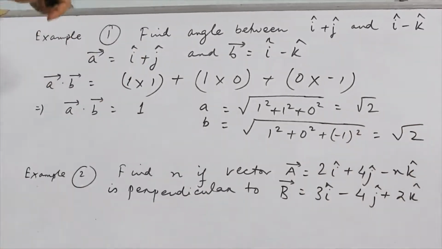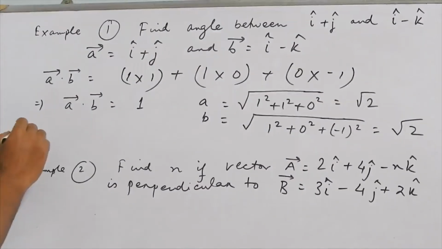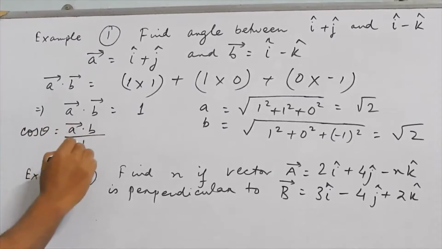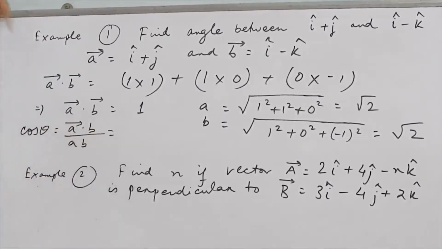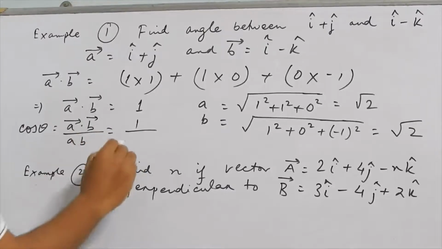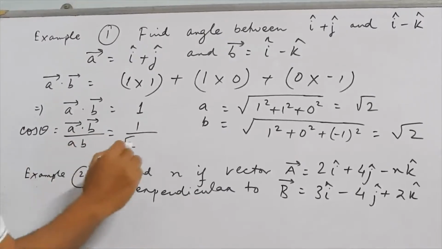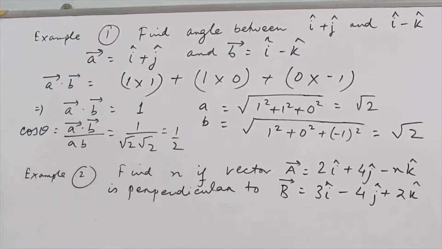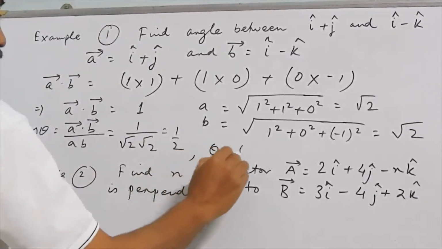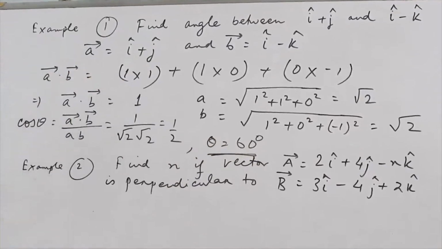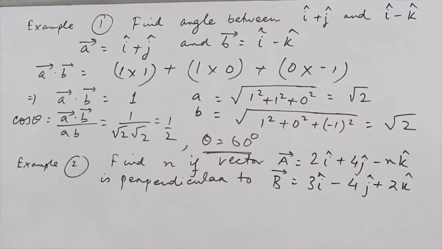So what is the cosine of the angle between them? By definition, cos theta is A dot B by modulus A modulus B. Now A dot B is 1, modulus A is root 2 and modulus B is also root 2. So this is half. So cos theta is half. It means that the angle theta between them is 60 degrees.